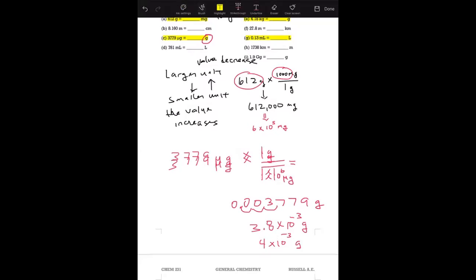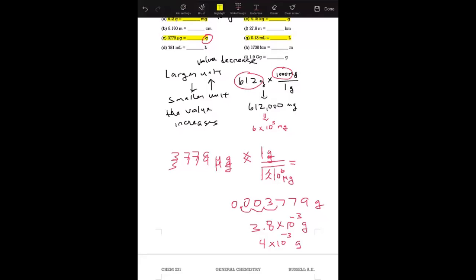Yes, that's how I know when to stop, because I'm trying to get this to 1 sig fig, and if I'm writing any number in scientific notation, it is a 1 decimal number. I don't want to write 38 times 10 to the minus 2 or 377 times 10 to the minus 1. I want it with that 1 decimal point right there. Okay, that makes sense. Thank you.